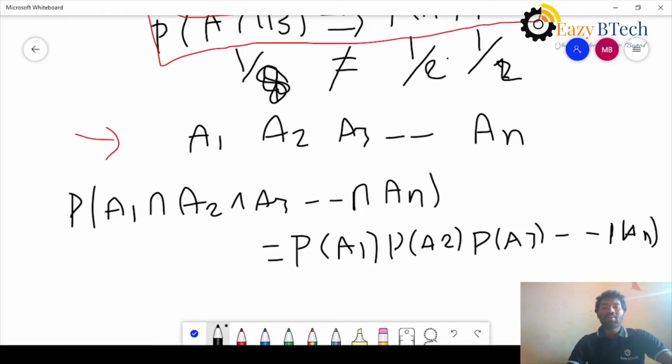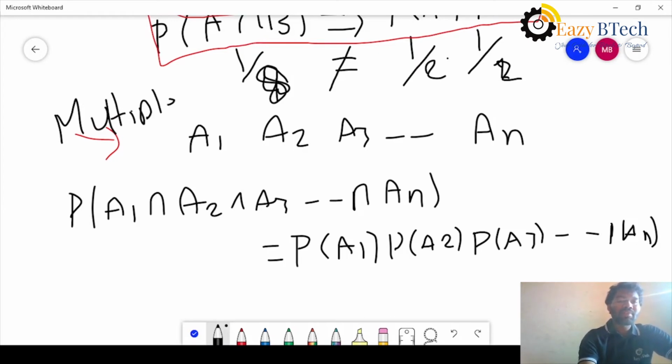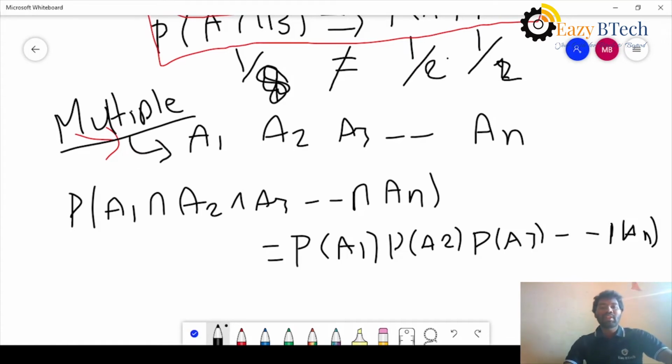So this is the formula for multiple events. My multiple events are A1, A2, A3, and so on, An.